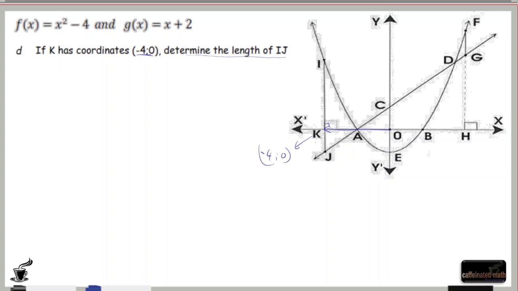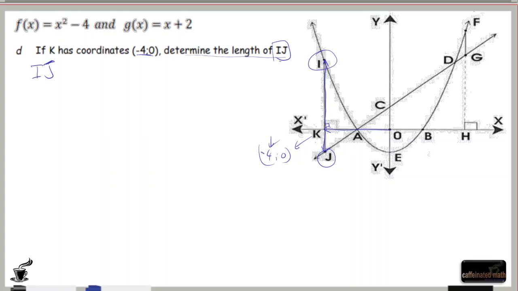Now that minus 4 is the interesting bit over here, because it gives us an x value, which becomes the x coordinate over there on f, and it's also the x coordinate over there on j. Now to determine this length ij, I need y values. I need the y value at I, and I need the y value at j, which means I need ij.